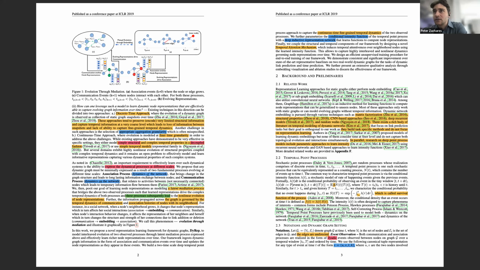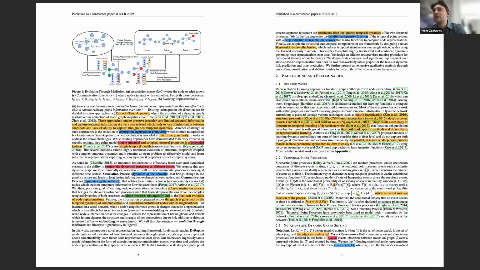I'll just read out the first two sentences. Stochastic point processes are random processes whose realization comprises discrete events in time, t1, t2, and so on. A temporal point process is one such stochastic process that can be equivalently represented as a counting process. Because the action is always the same, you could just count the actions that have already occurred. That's kind of what they're saying by these temporal point processes.